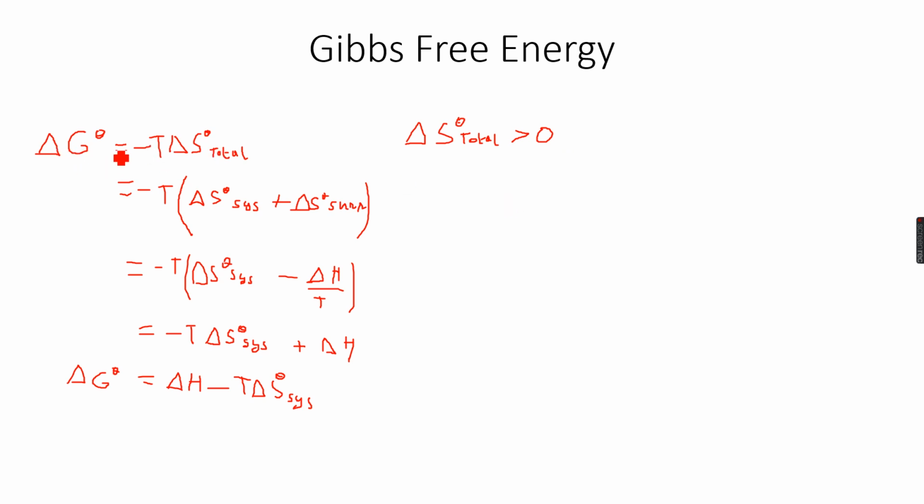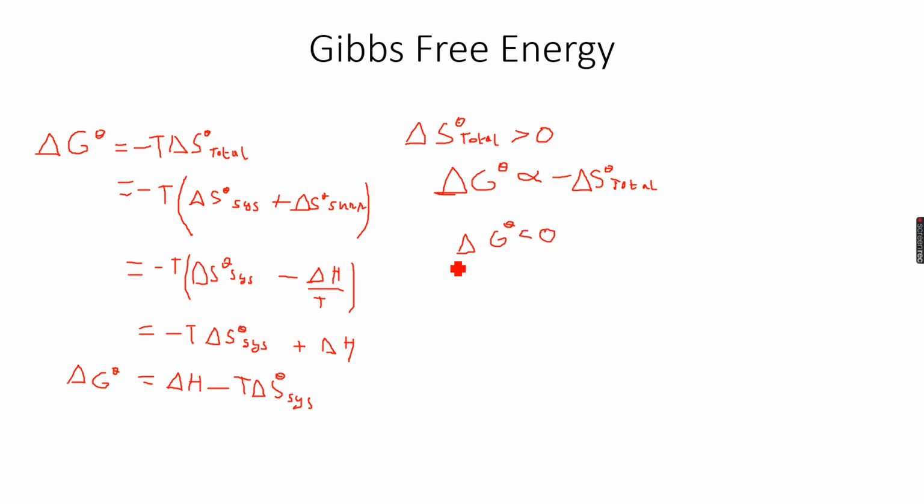Now if you look here, delta G naught is directly proportional to negative delta S naught total, because, let's take T as the constant of proportionality. This means that delta G naught must be less than 0 for a reaction to be feasible, because it's completely opposite.